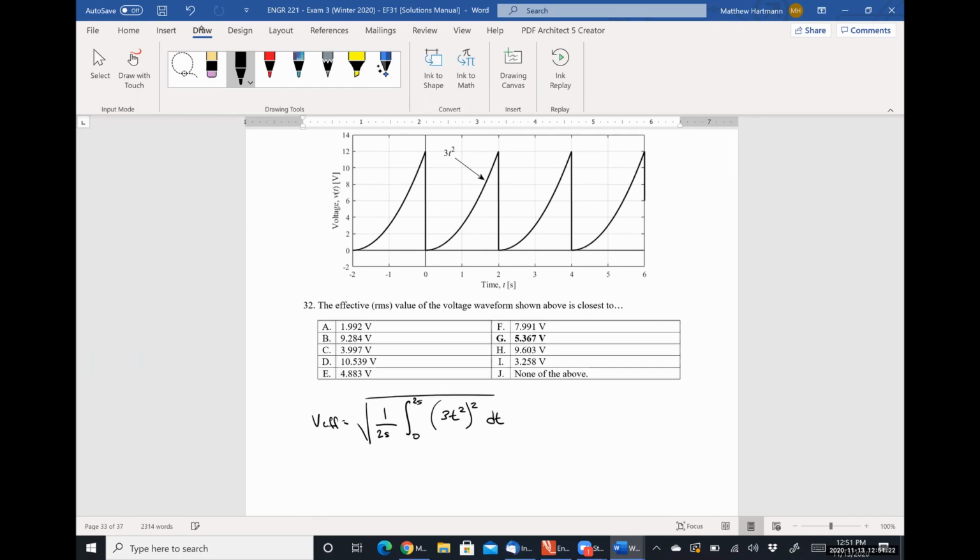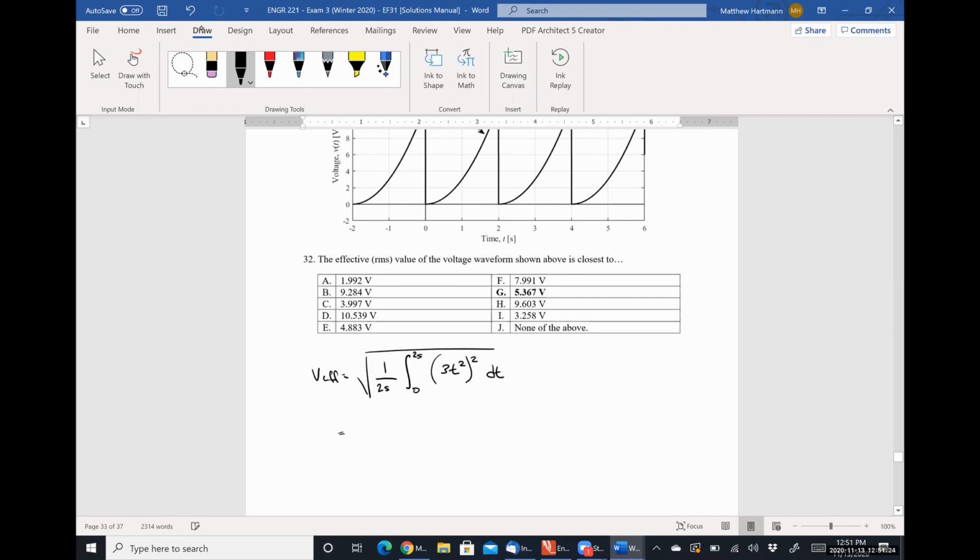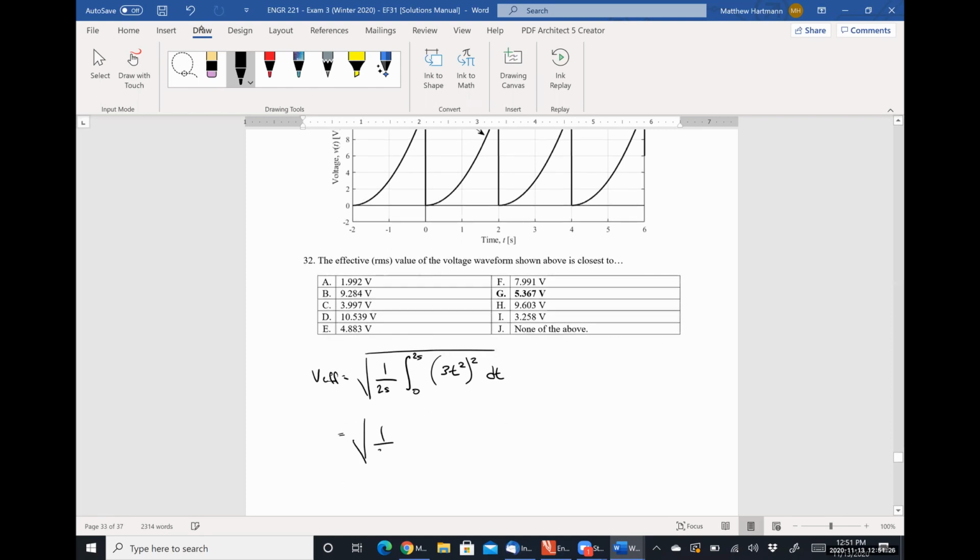So this is 1 over 2 seconds, the integral from 0 to 2 seconds of 9t to the 4th power dt. When I square 3t squared, I get 9t to the 4th.